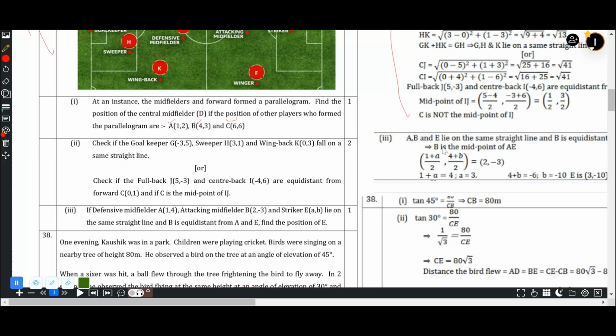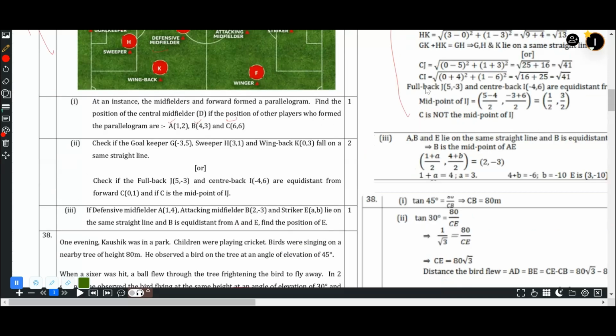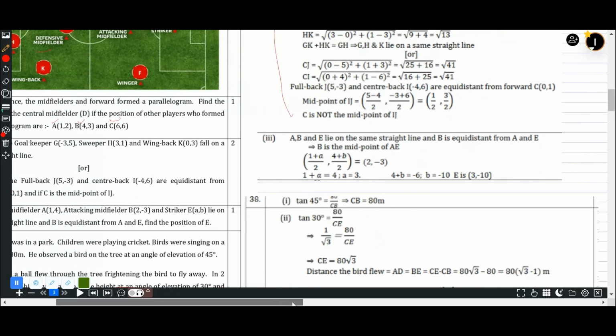Now if you see, if goalkeeper G, H and wingback K fall on the same line, okay, so here we have done fullback J and center back I are equidistant from the midpoint of IJ, that is क्या किया यहाँ पे, CI CJ का हमने यहाँ पर डिस्टेंस निकाल लिया, और फुल बैक और सेंटर बैक J और I अगर इक्विडिस्टेंस है फ्रॉम 0-1, तो वो हमने निकाल लिया कैसे, मिड पॉइंट निकाल के. इक्विडिस्टेंस मतलब वो मिडिल पॉइंट होगा उसका, राइट? तो मिड पॉइंट ऑफ IJ इज 1/2, 3/2 विच इज नॉट C. ओके, सो 0-1 से वो इक्वल डिस्टेंस नहीं है, सो C इज नॉट द मिड पॉइंट ऑफ IJ.